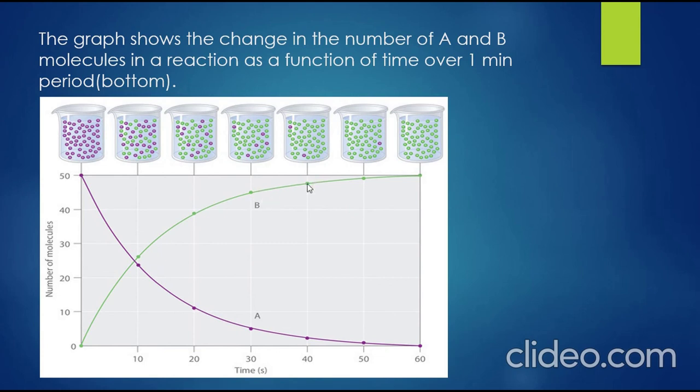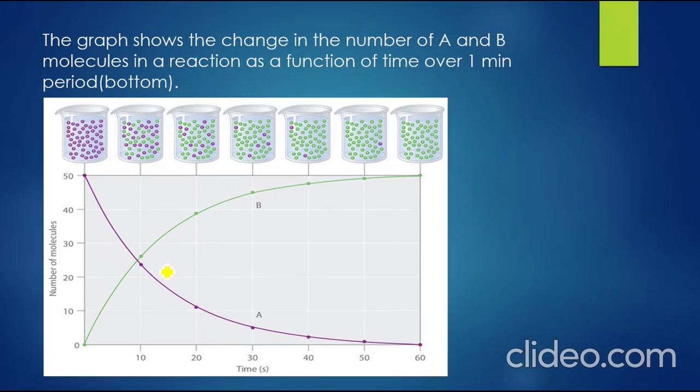Note that reaction rate is the change in the concentration of the reactants, or the concentration of the product formed, per unit time. Reactants are being consumed while the products are being formed. So A molecules are decreasing with time, while B molecules are increasing with time. That's what you need to know here.